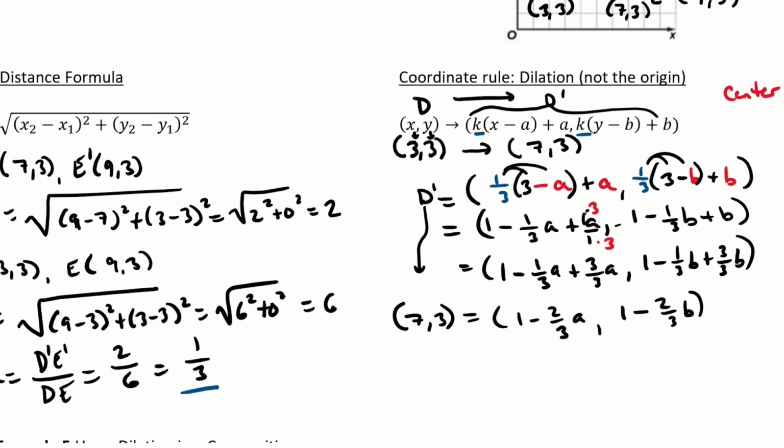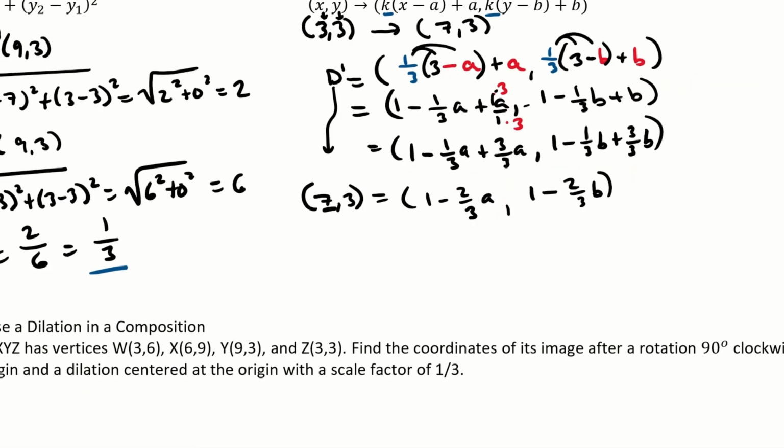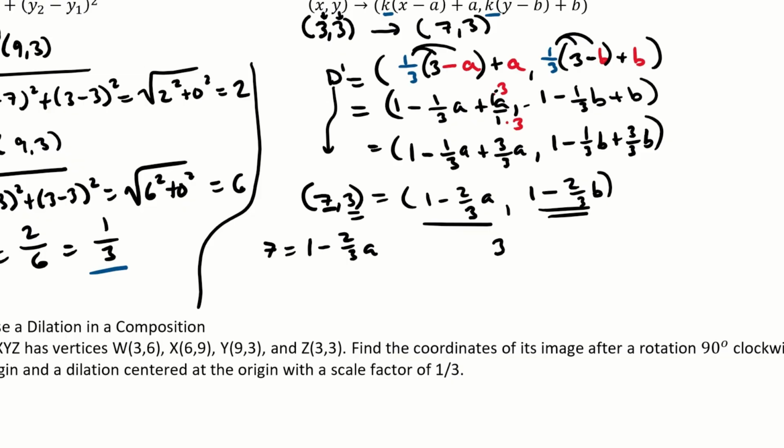And so we have our two equations, right? This is equal to this, and this is equal to that. So we have 7 equals 1 minus 2/3 a, and 3 equals 1 minus 2/3 b.